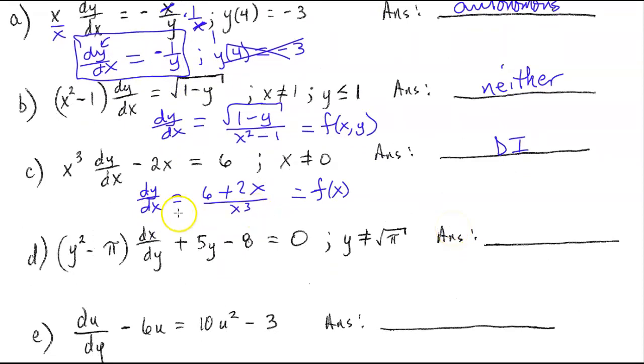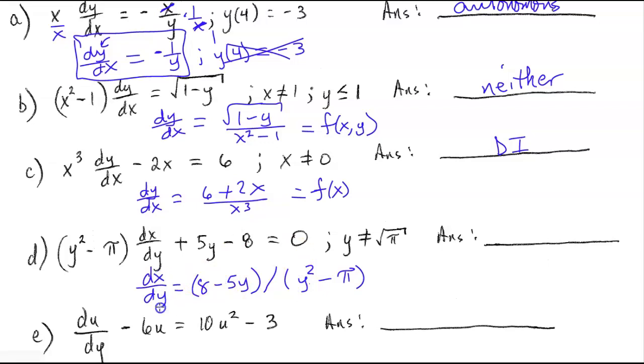For the next one, if I was to rewrite this, this would be dx over dy, and this would be 8 minus 5y, and I'll take that and divide that by y squared minus pi. And so notice here that I have dx over dy, okay?